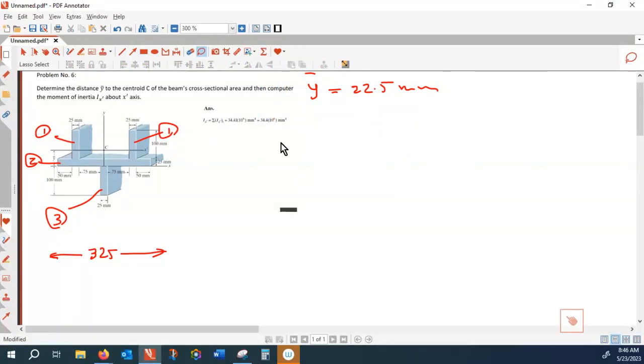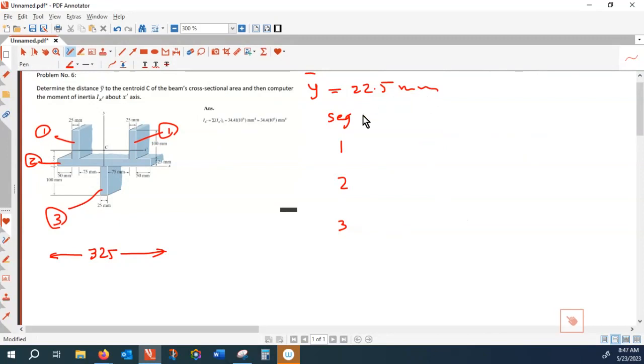Okay, next we would like to make a table. These kinds of problems are best solved by tables. Here we start with the segment. How many segments are there? Segment 1, 2, 3.